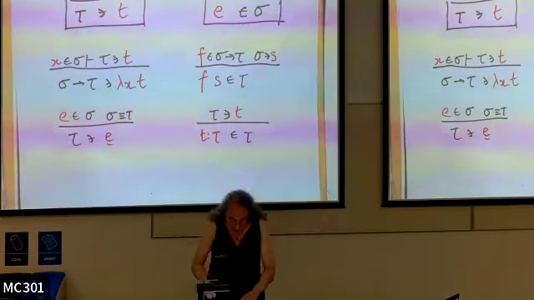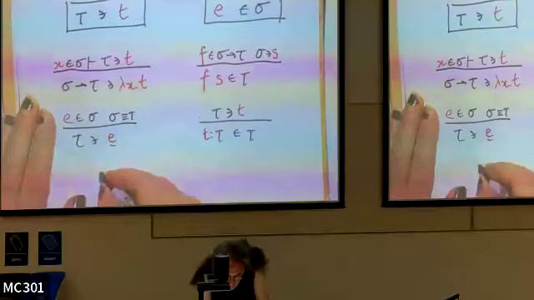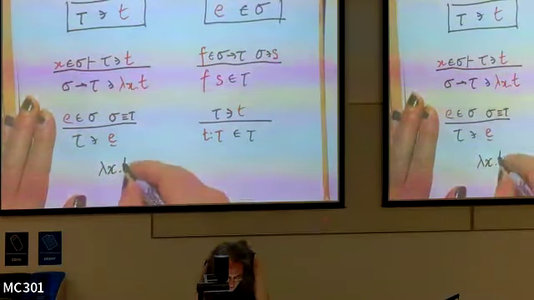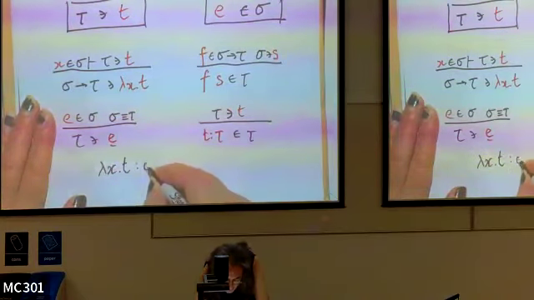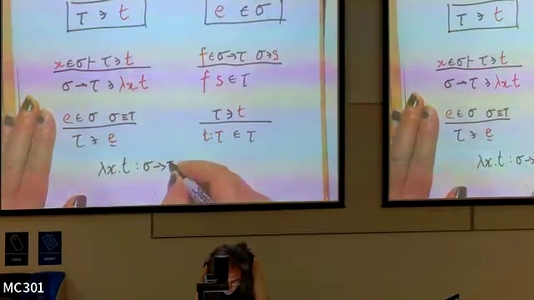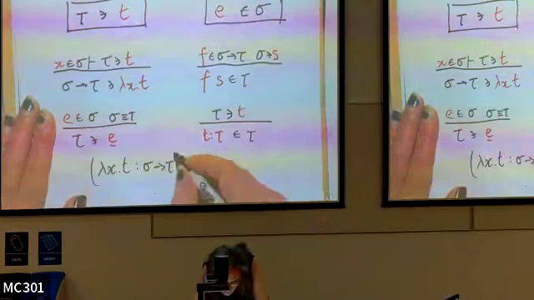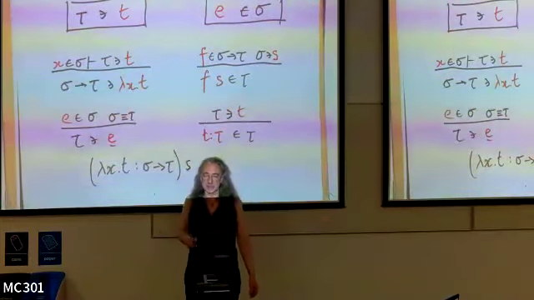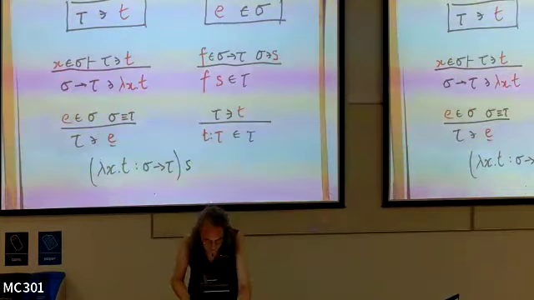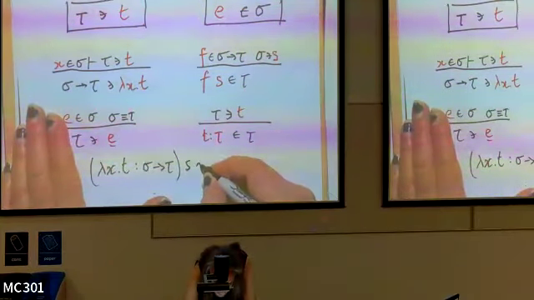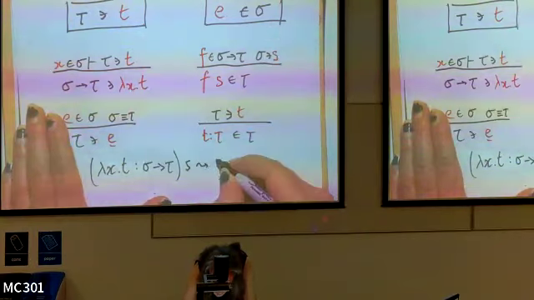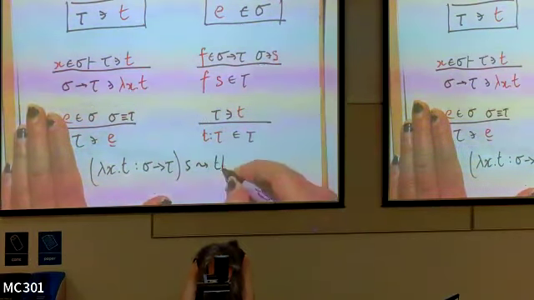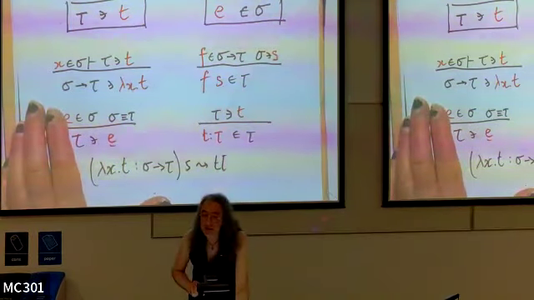So let's write down, first of all, the beta rule. Someone gives us a term radicalized at a function type, and that's applied to some argument S, and that steps to T with the bound variable substituted.